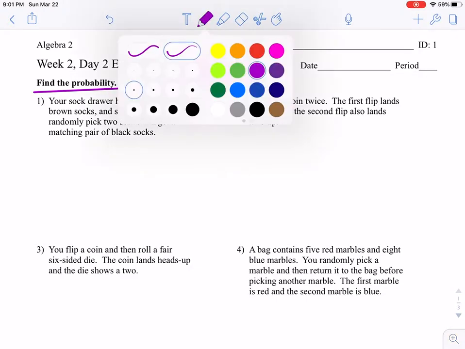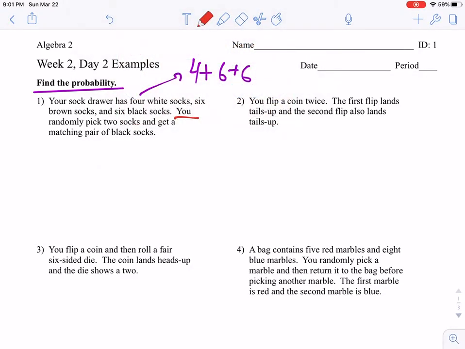Okay, so the next little part of this question is, it says you randomly pick 2 socks and get a matching pair of black socks. So our first sock that we close our eyes, we reach in, and we get a black sock. Well, there were 6 black socks out of 16 socks.